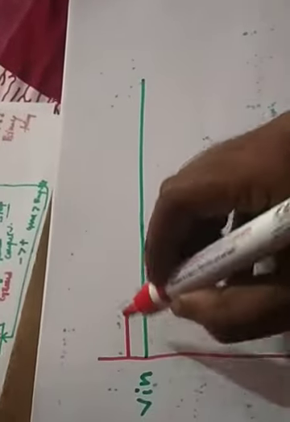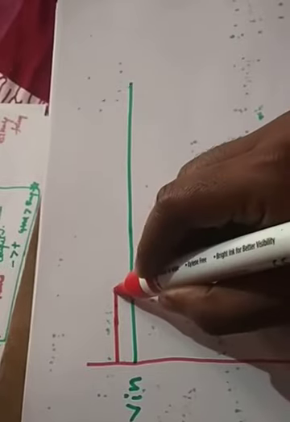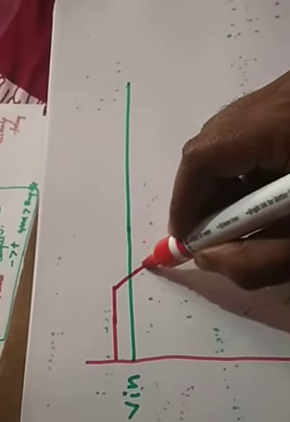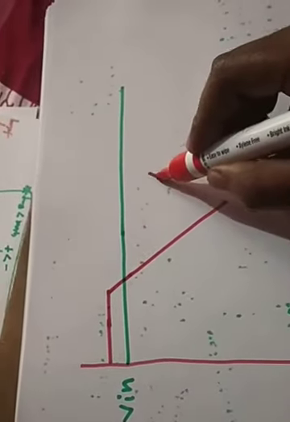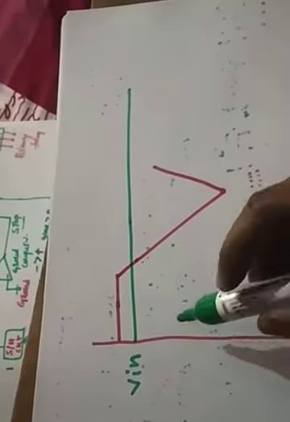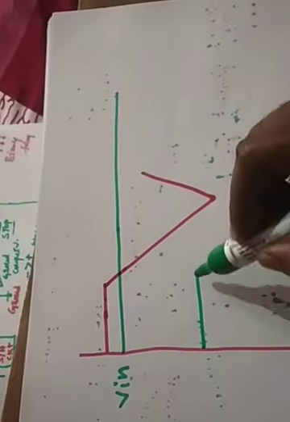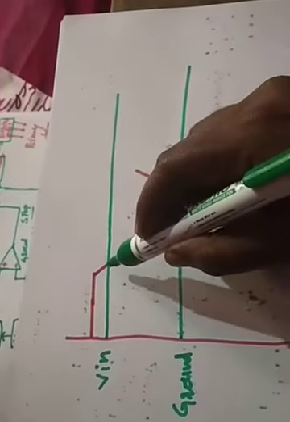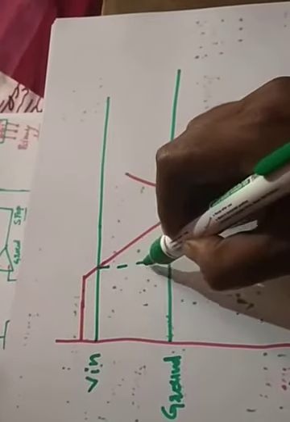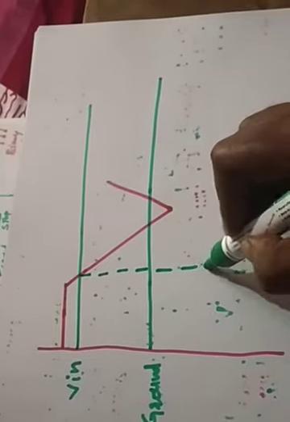Now this is my ramp signal. Right, so this is my ramp signal, and this is my ground. You just assume this is the ground level. Here you have 2 points.